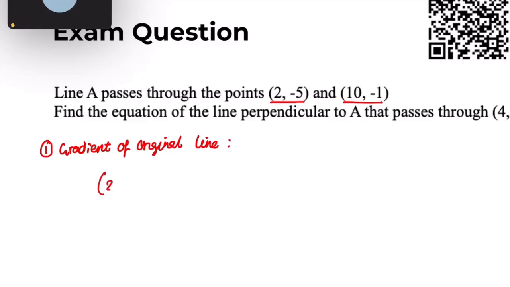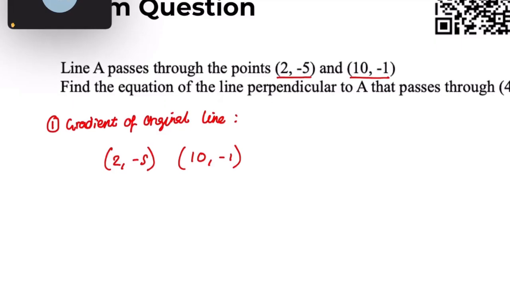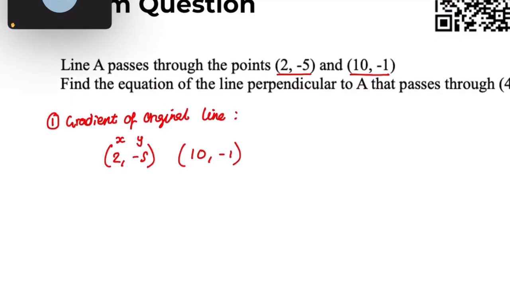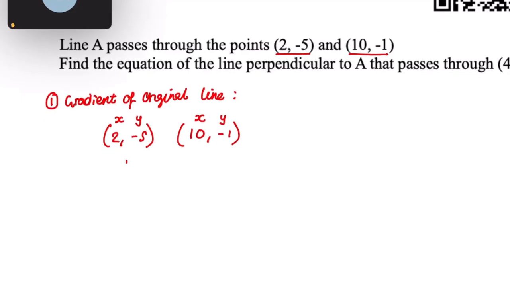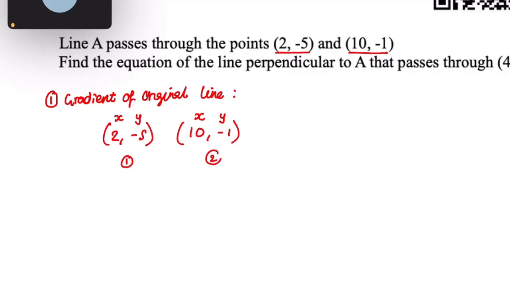So we have 2 minus 5, and we have 10 minus 1. And we know that this is x, this is y, this is x, and this is y. This is the first coordinate, and this is the second coordinate.